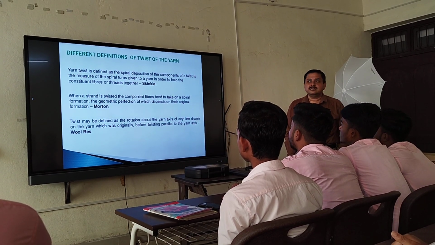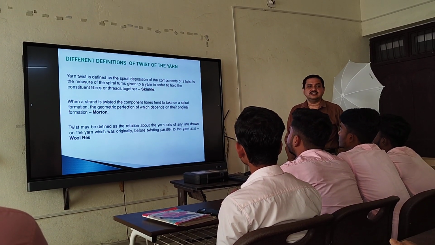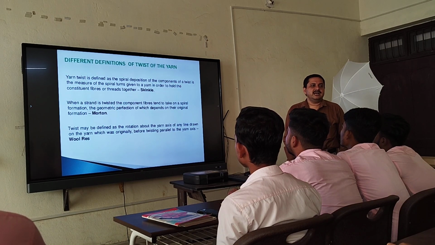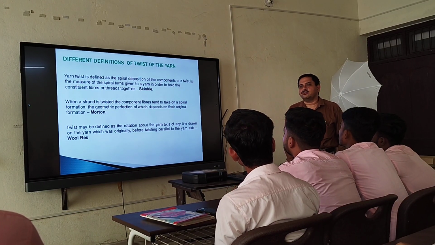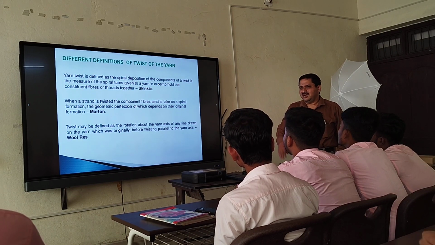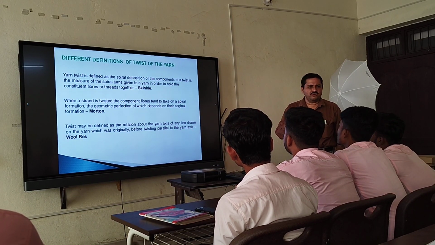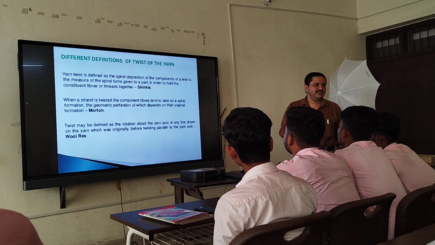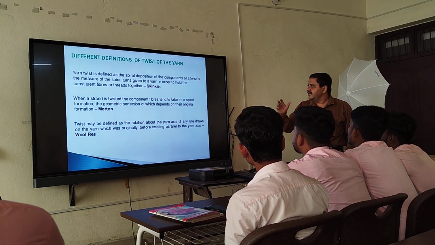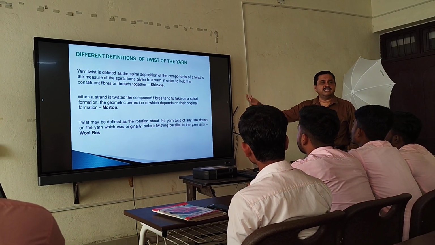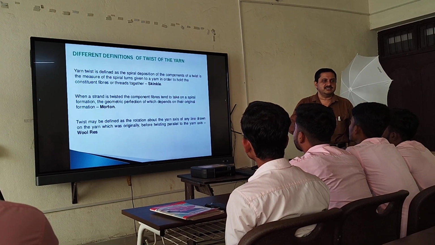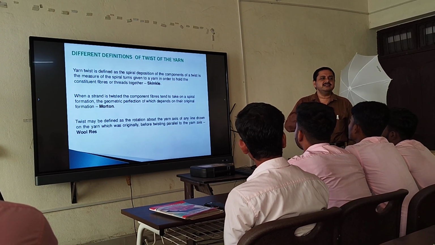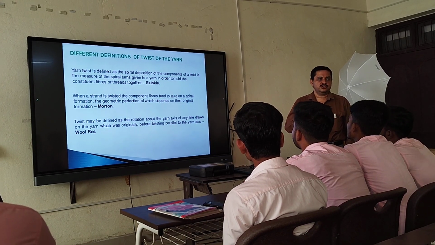It means the first view of Steele is indicating the spiral deposition, that is, whenever we are applying the torsional force. I think the twist terminology is not new for you, because you usually know it, but in a different way, what will be the definition? You have to know these things. Whenever we are giving the spiral turns, we are applying the torsional force.